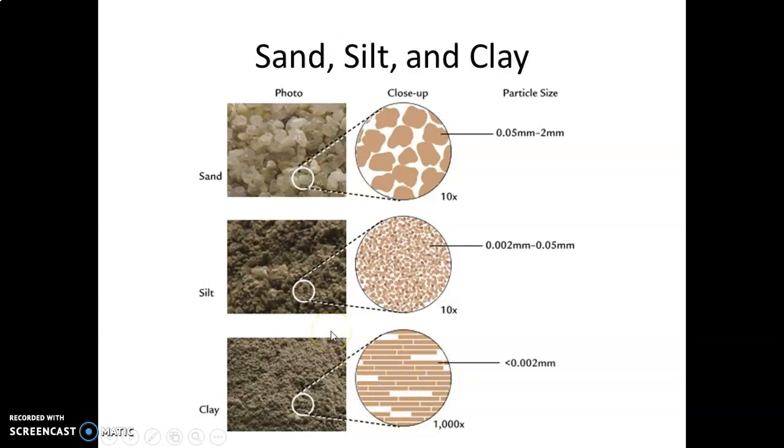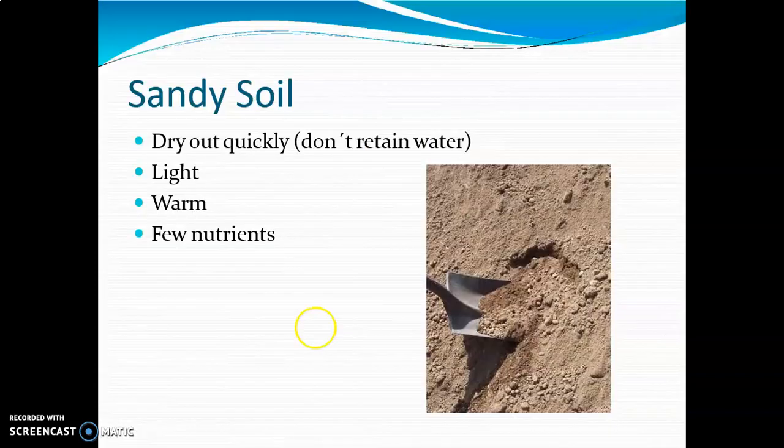Now, let's discuss each kind aside. Let's start with the sandy soil. The sandy soil, as we said, has the biggest particles, and they cannot fit closely together. So there are large spaces between them, and these spaces are filled with air.